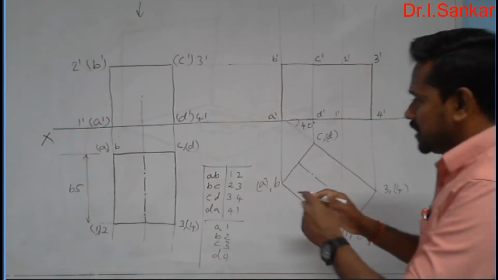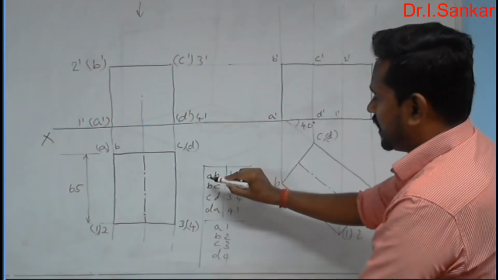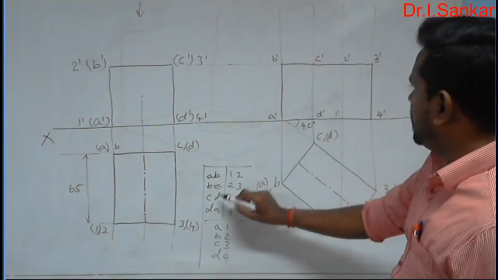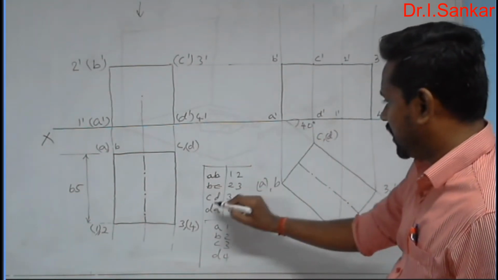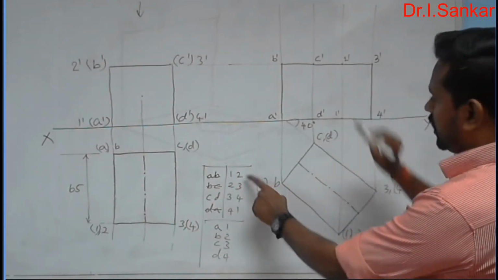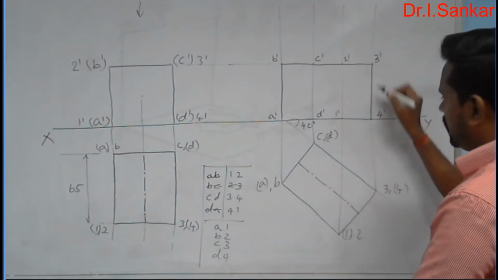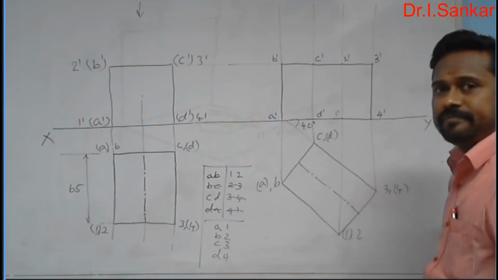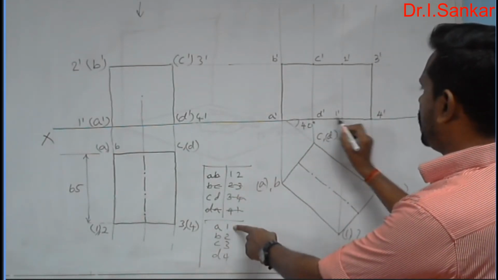Now, go to the list. Where I have connected AB, yes, I connected. BC, yes, connected. CD, no, not yet connected. DA, yes, connected. The same way for the face edges. 1 2, no, not yet connected. 2 3, yes, connected. 3 4, yes, connected. 4 1, yes, connected. And considering the lateral edges, A1, yes, connected.